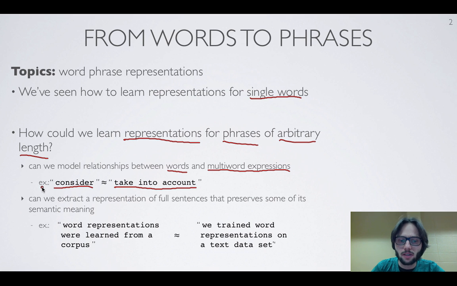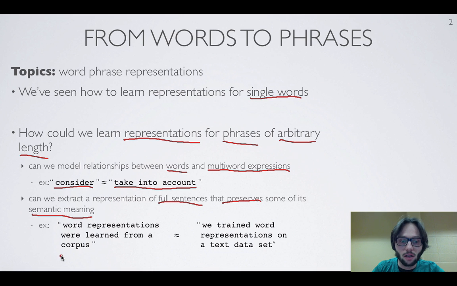So could we learn representation with a model learning representation for arbitrary length phrases that allows us to compare full sentences and that actually is able to maintain as much information about its semantic meaning?